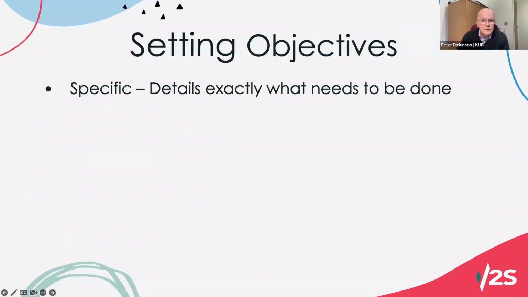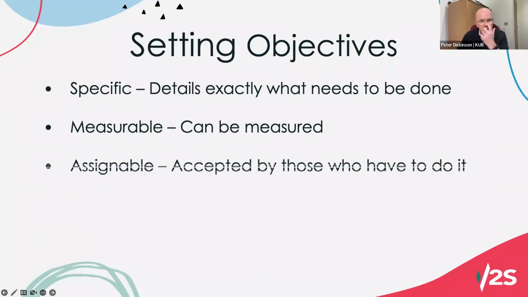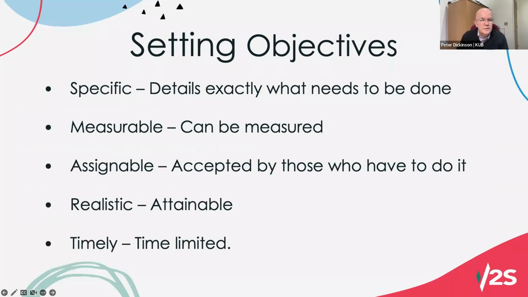So, setting objectives, you should all hopefully know this from running a business. Be specific: details of what exactly you want and what needs to be done. Measure: can you measure it? And you've got to be careful that measurement doesn't distort the process. There's quite a lot of science around how you measure stuff, but basically, if it's easy to capture, you might use a proxy. For example, it's very hard to measure profit, but it's easy to measure sales.